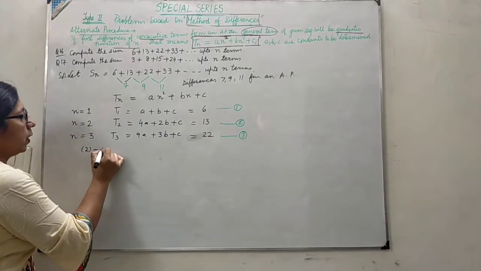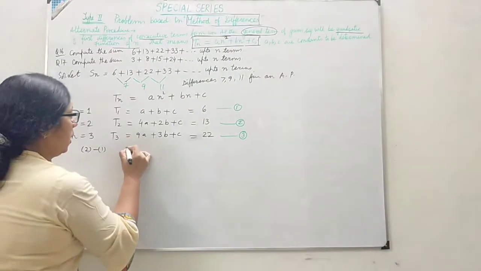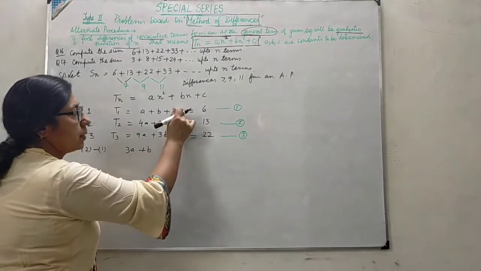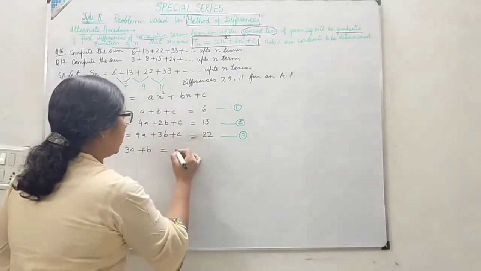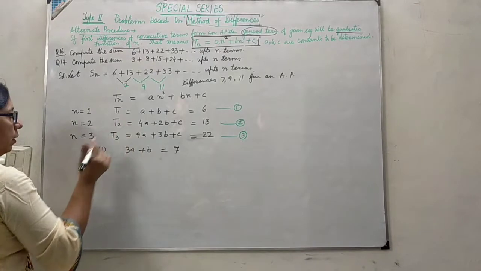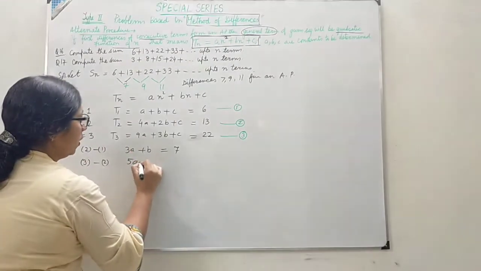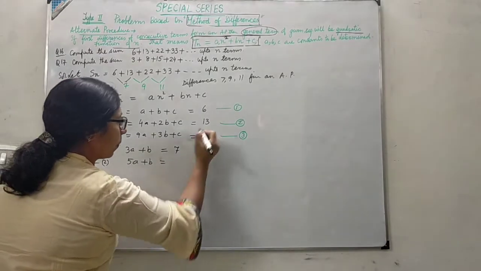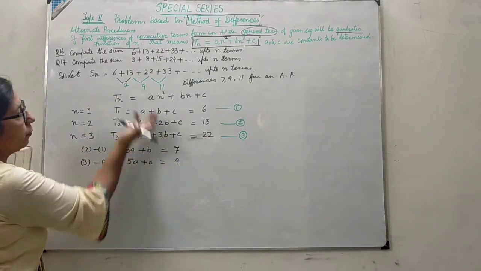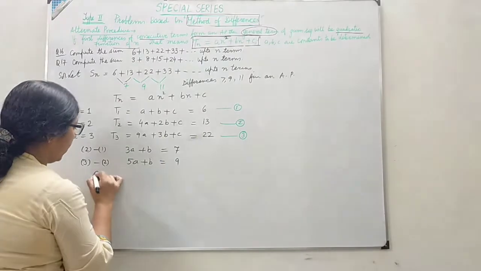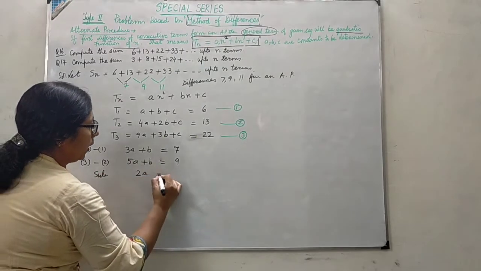Now 2 minus 1 will give 3A plus B, C minus C getting cancelled, equal to 13 minus 6, which is 7. In the same way, if I subtract 2 from 3, I get 5A plus B equal to 9. These were differences actually, and then subtracting again, we get 2A as 2.